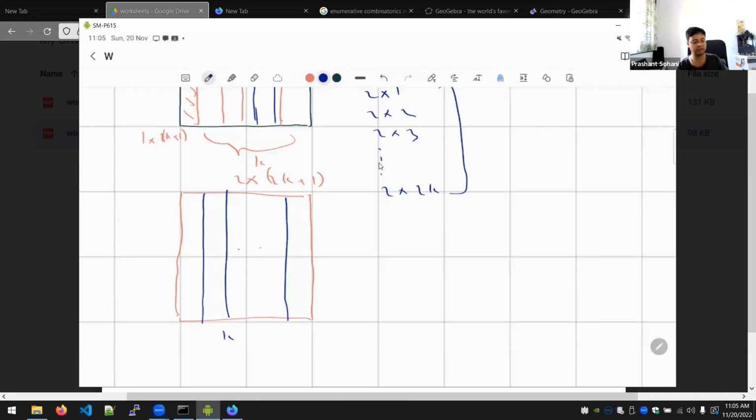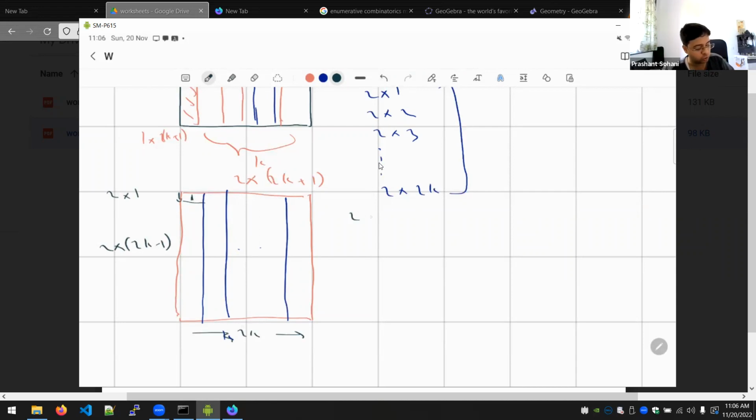But now you'll realize that if we start to break these tiles in the same way, what will happen? The first tile will break at the gap of length 1. So the first tile will be of size 2 cross 1 and 2 cross 2k minus 1, because the length is 2k.